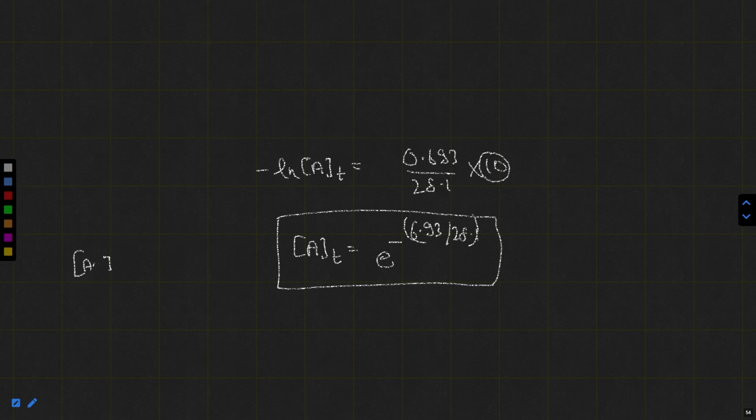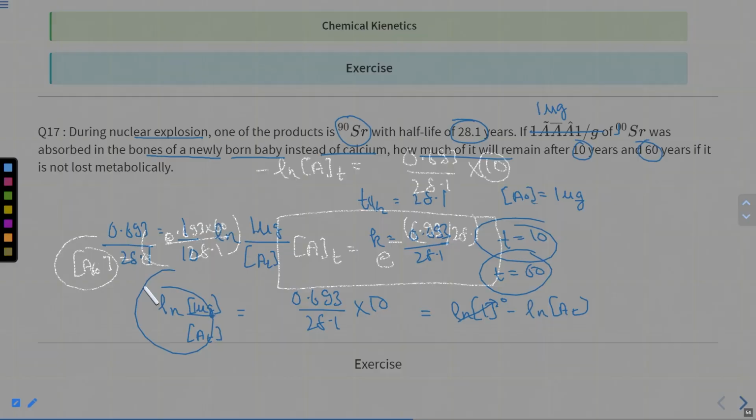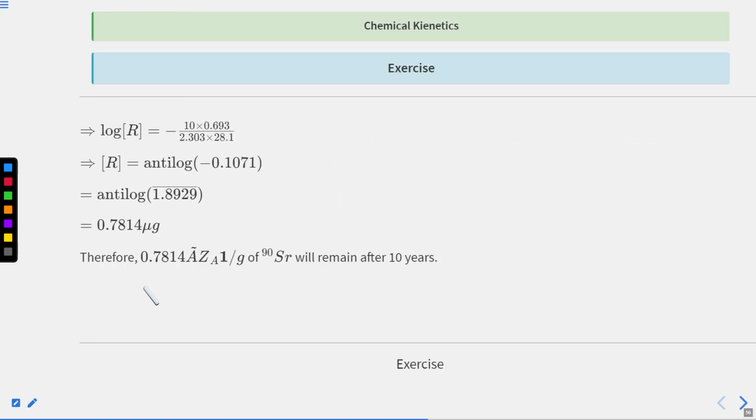I'm writing it as 60 here instead of t, e to the power minus 0.693 into 60 divided by 28.1. That would give you concentration of A after 60 years.